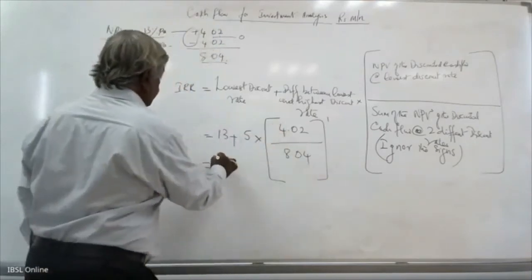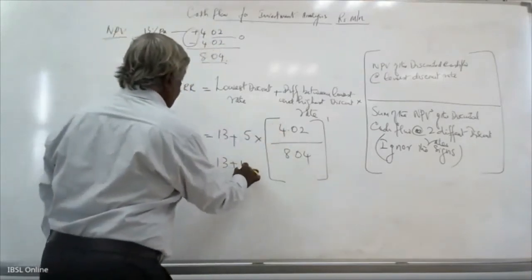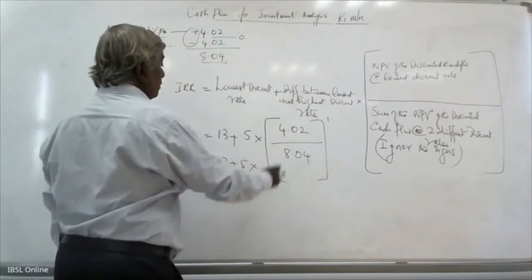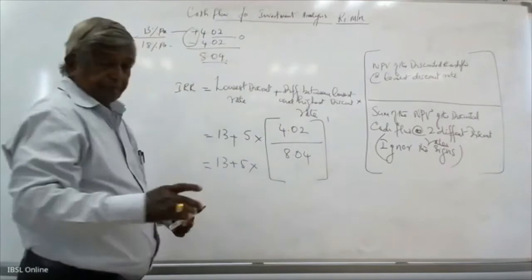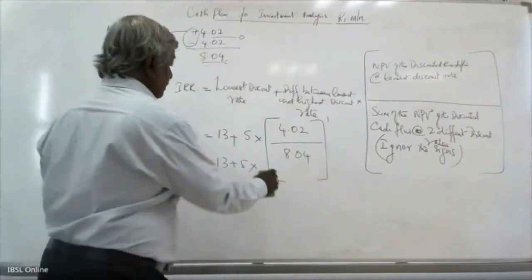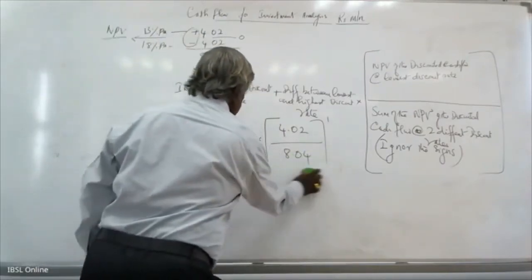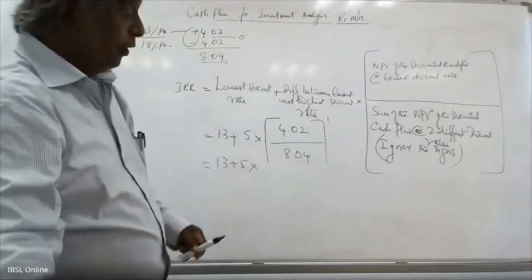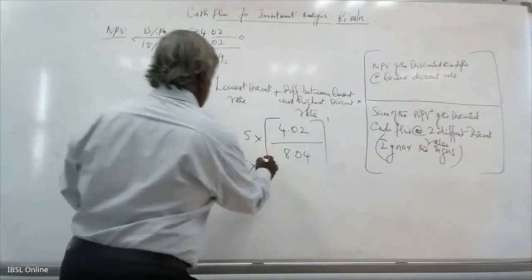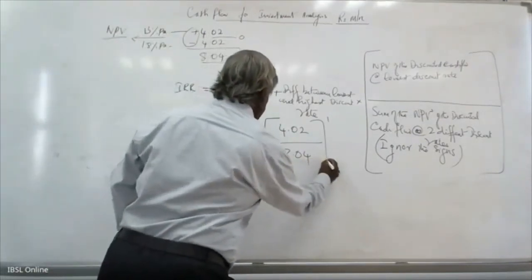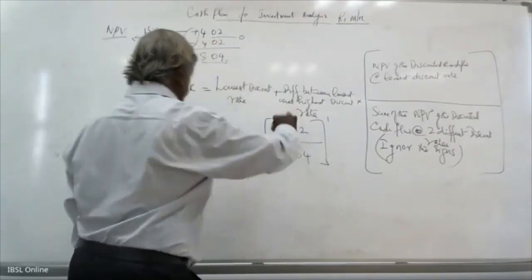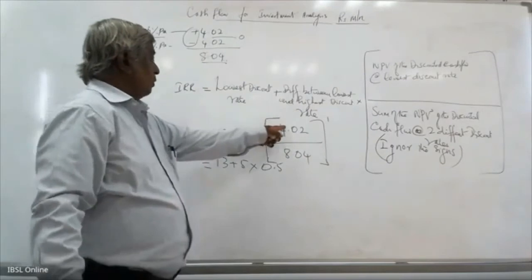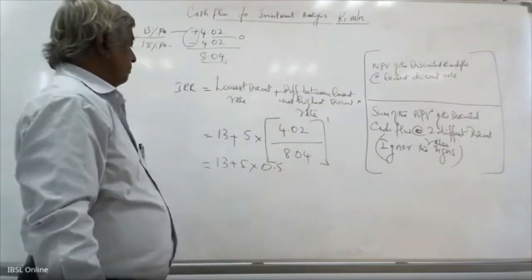So 13 plus 5 into 4.02 divided by 4.02 plus 4.02, that is 8.04. 4.02 divided by 8.04, you will get half, that is 0.5.